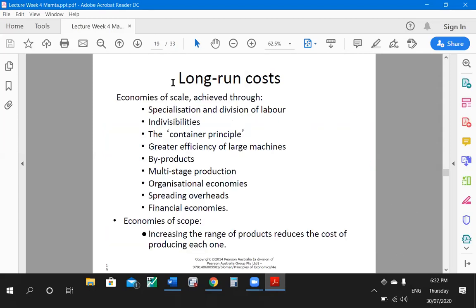How can you gain economies of scale? It can be achieved through specialization and division of labor. What is specialization and division of labor? What happens is this: when you have been working in a sector for a long time, you become specialized. This is specialization.